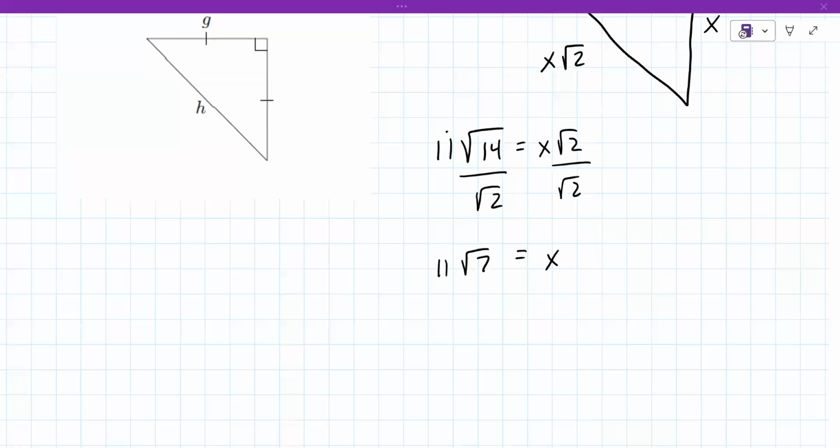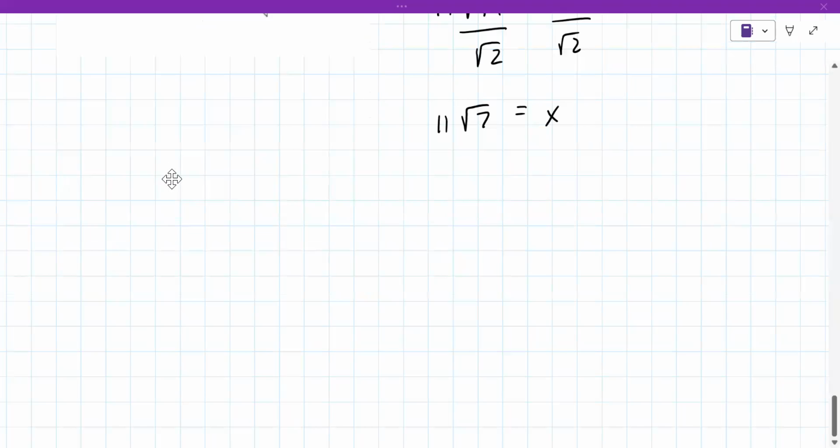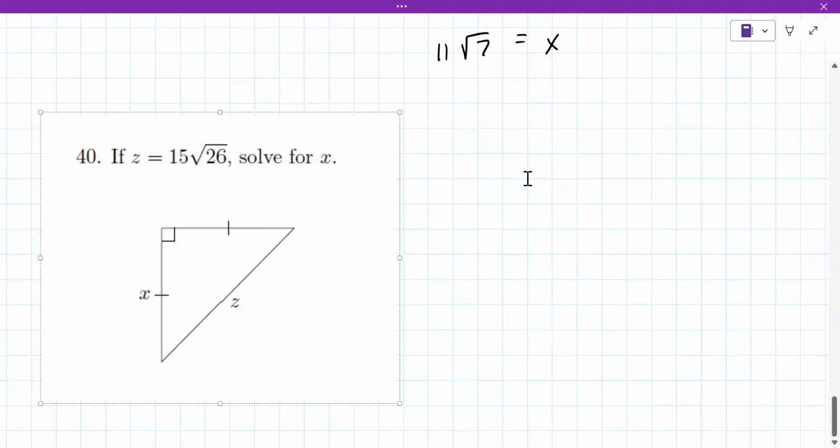So let's have you try one more like this. 15 root 13.